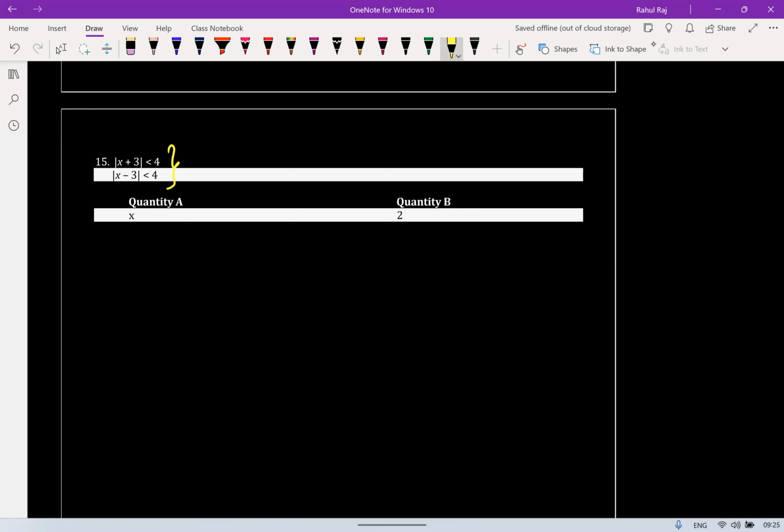I wrote in my notes here that maybe first I assumed X is negative and less than 4, but then as I was solving, I was seeing that maybe X is positive or it could be a fraction.